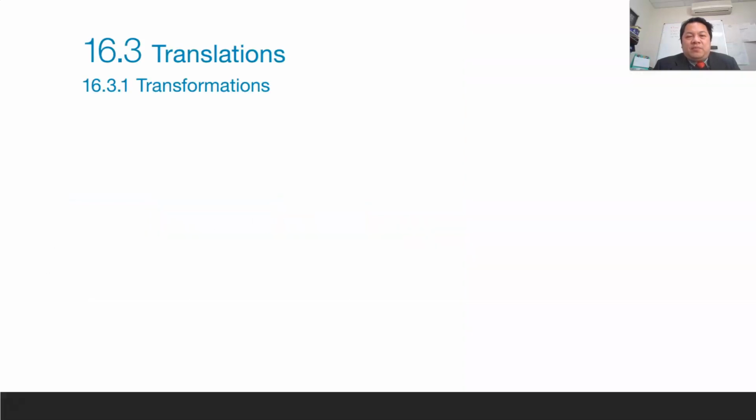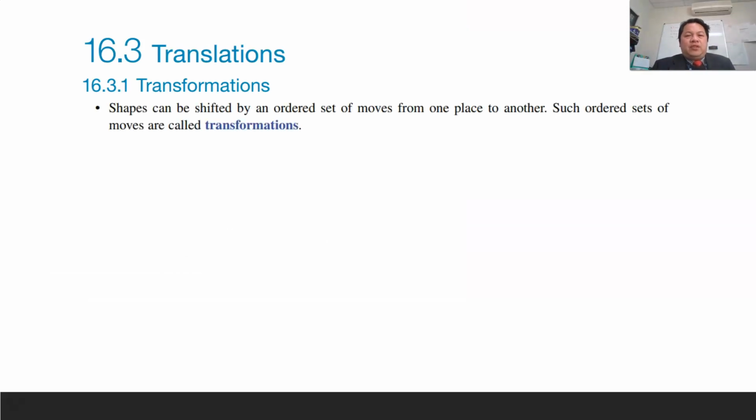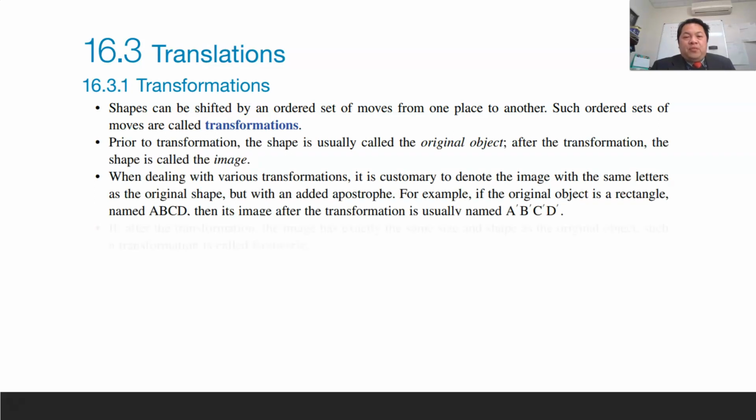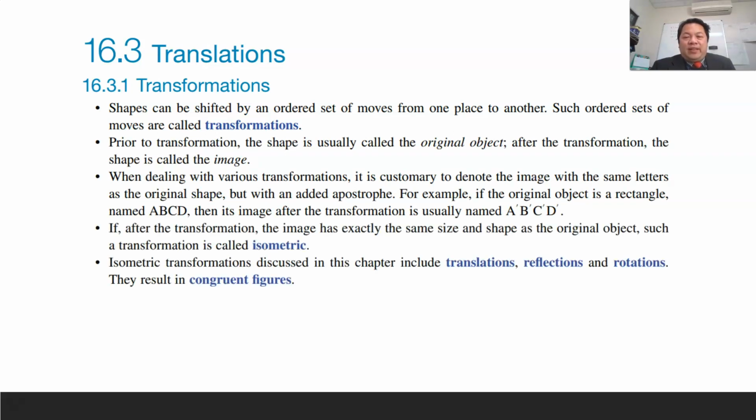Next part of transformation. The first thing that we do is translation. Translation is moving a shape from one position to another. Very often we call translation sliding.